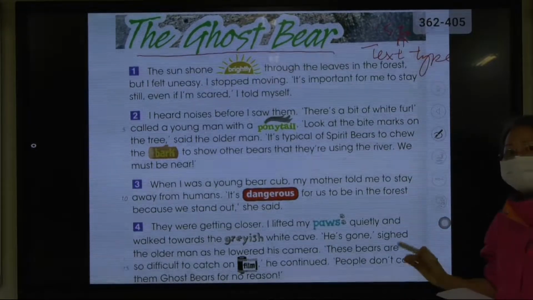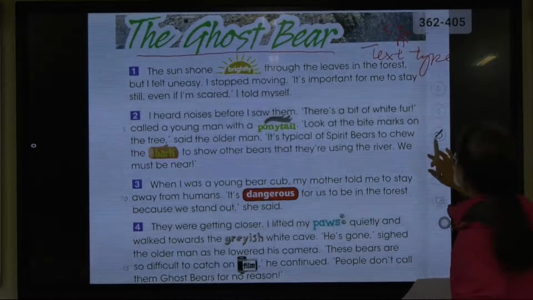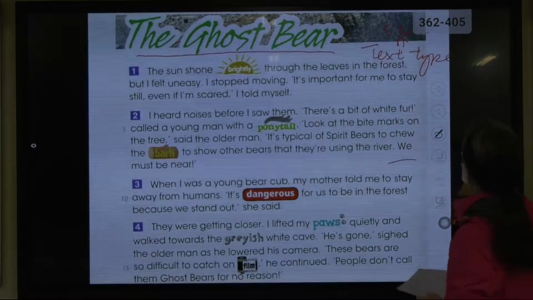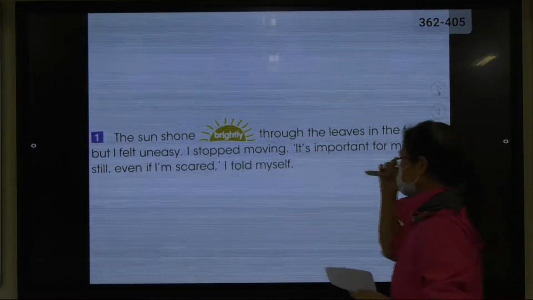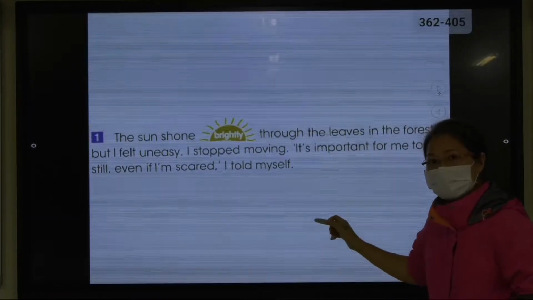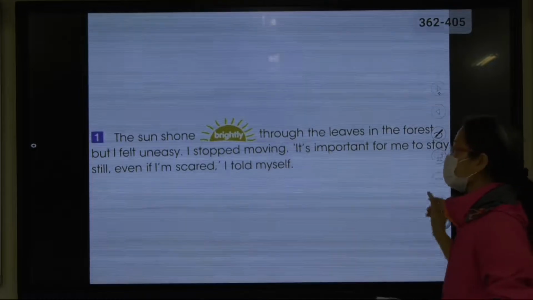And now let's look at the first paragraph. Paragraph 1 is the opening of the story.